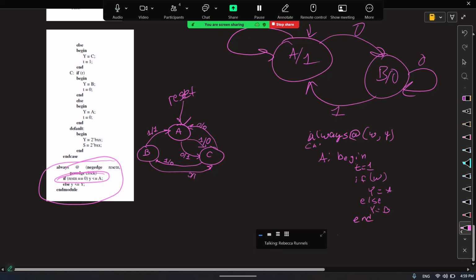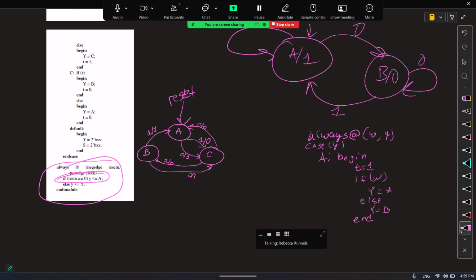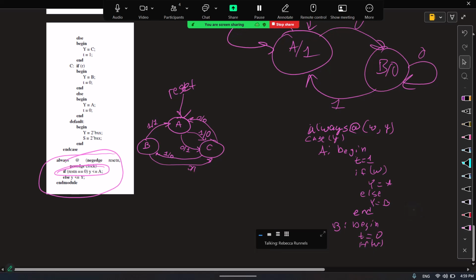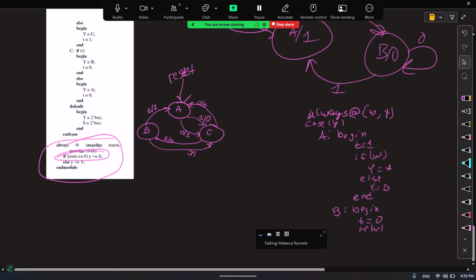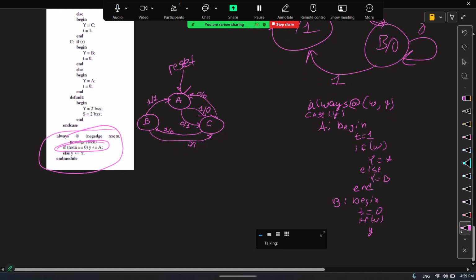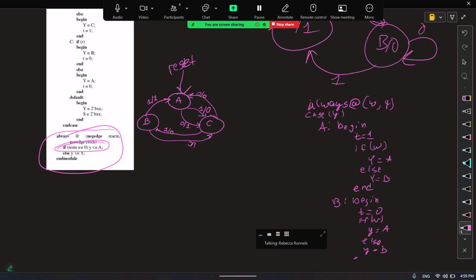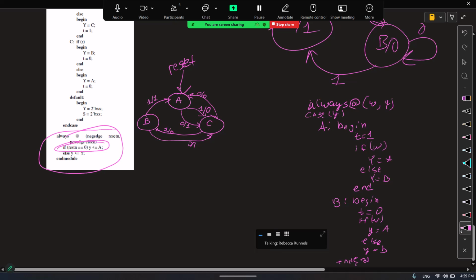This is, I should say, case Y, and then B, begin, t equals 0, if W, Y equals A, else Y equals B, end case. And so you just fill in your Verilog, you just look at what your inputs and outputs are, and just fill it in.